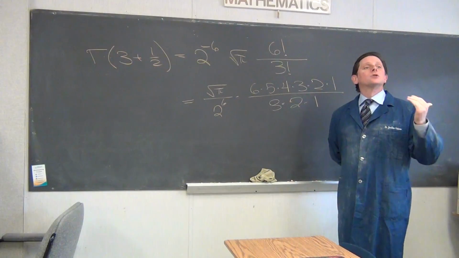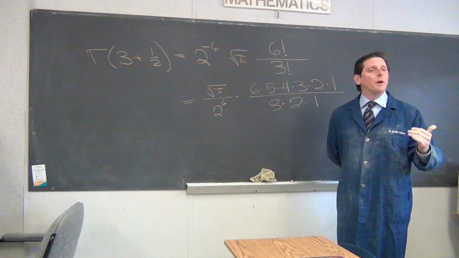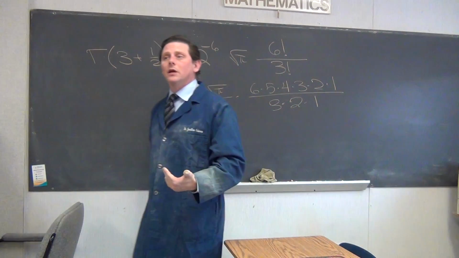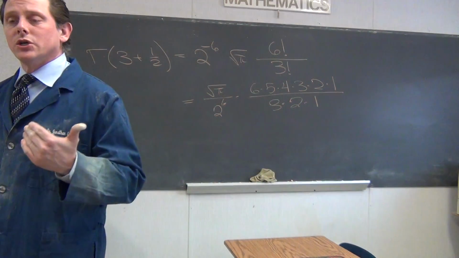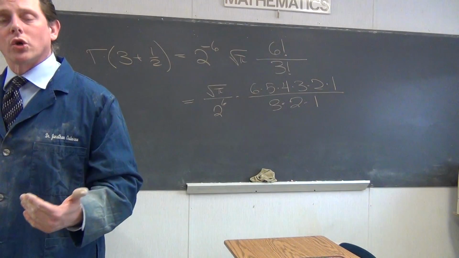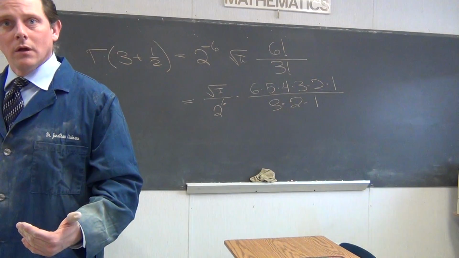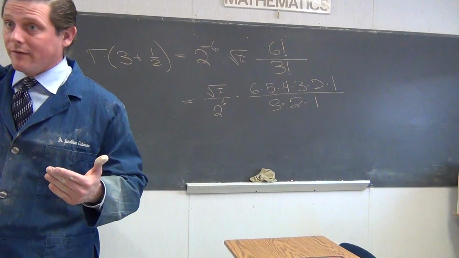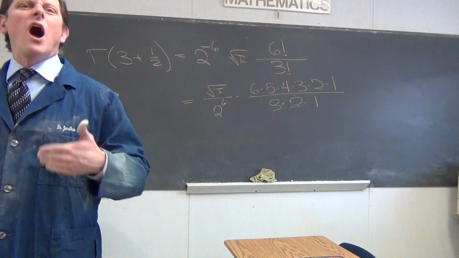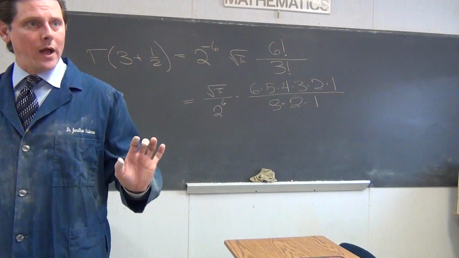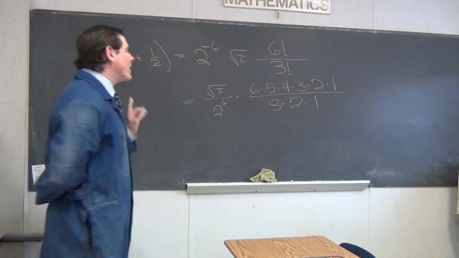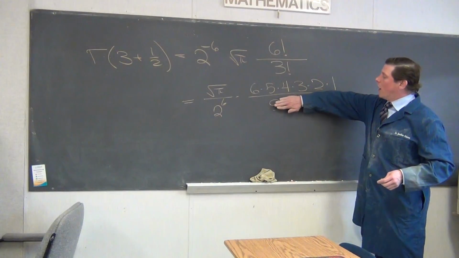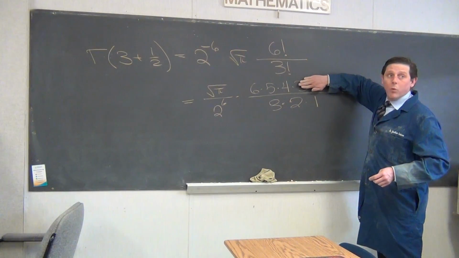Now, as long as we cancel this in the proper way, we can see very clearly why Legendre's duplication identity works the way it does. However, I stand by the fact that I think it's cleanest to derive it this way, because the counting is sort of awkward when we do it the other way. But we have to cancel properly. If I cancel this 3, 2, 1 with that 3, 2, 1, it won't be clear.